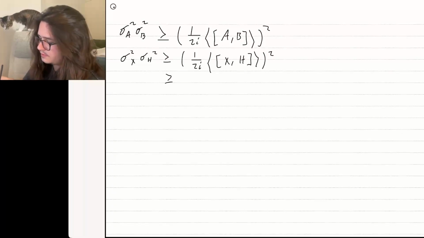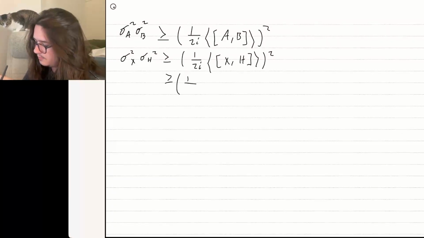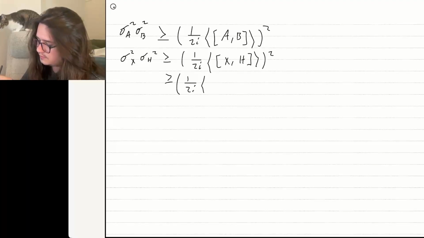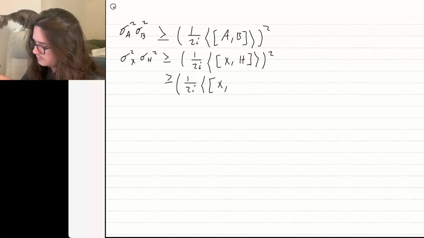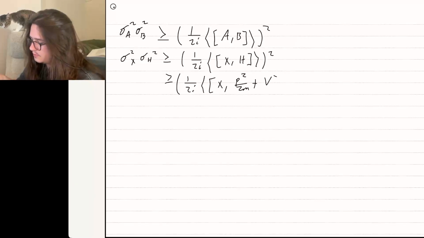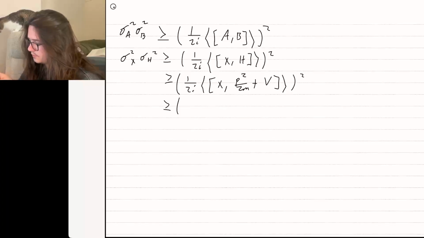So I'll go ahead and expand what the general Hamiltonian is in here. It's a momentum squared divided by 2m plus a potential inside this expectation value. So we can simplify this commutator quite a bit.